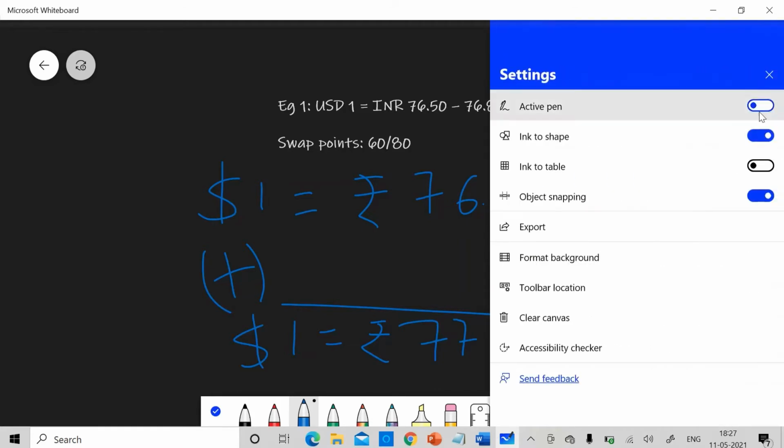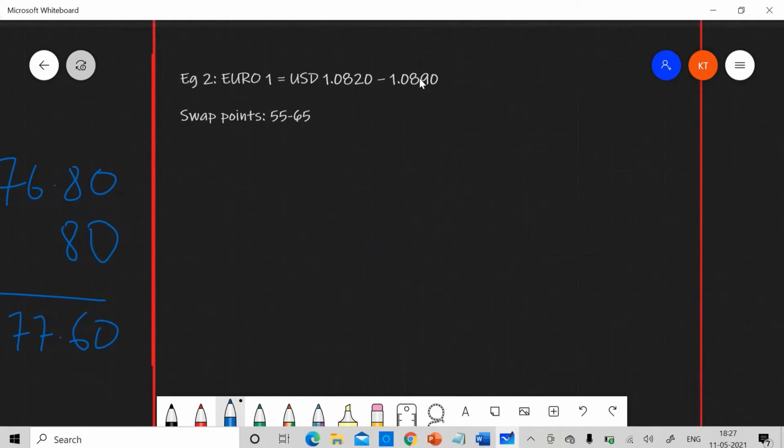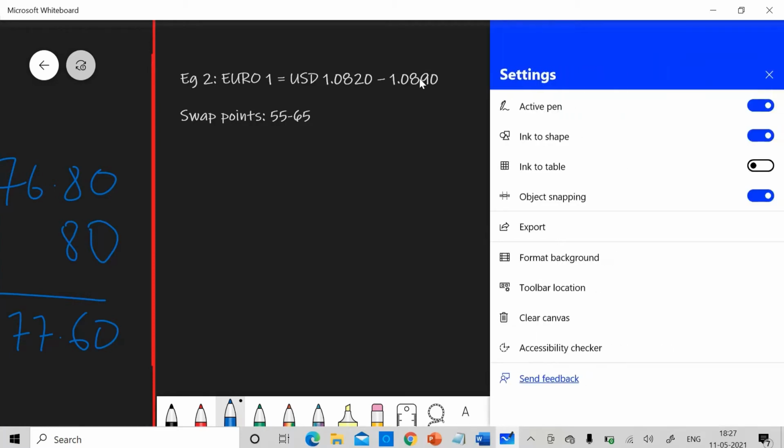Let's take another example. Say we have 1 euro equals USD 1.0820 to 1.0890, and the swap points are given as 55 to 65.